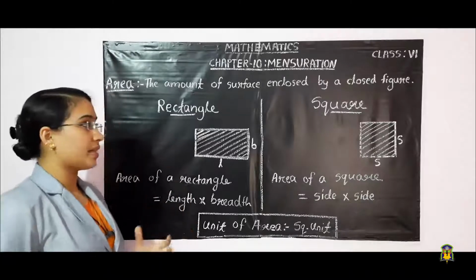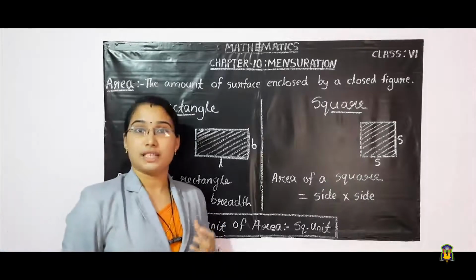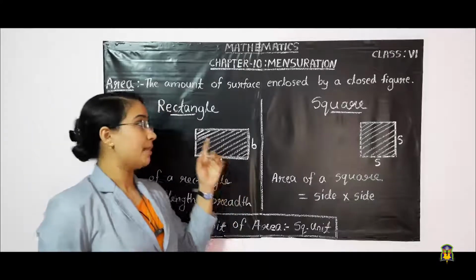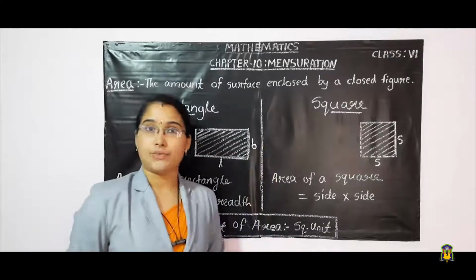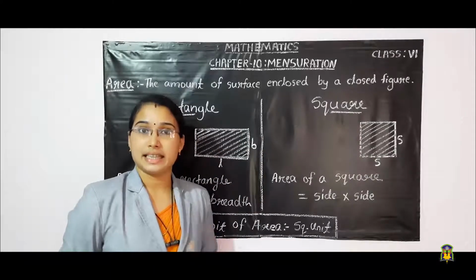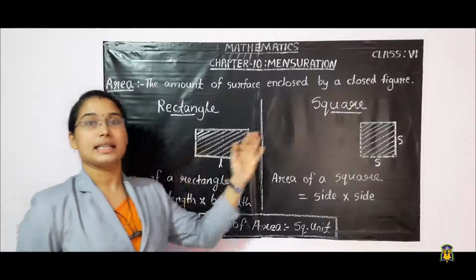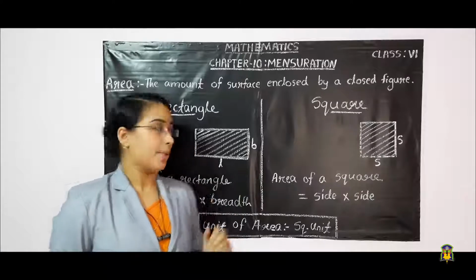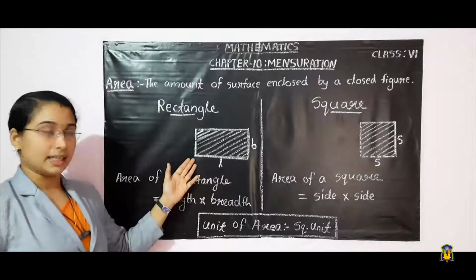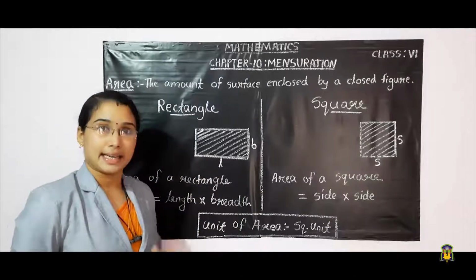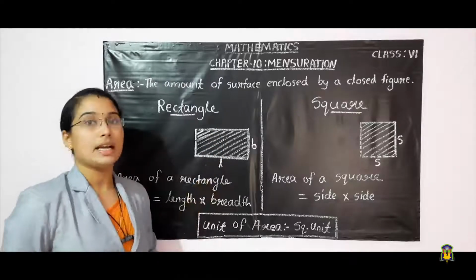In our previous class we studied the formula for finding the perimeter of a rectangle and the perimeter of a square. Today let us study the formula for finding the area of a rectangle and the area of a square. Here you can see one rectangle, and you all know in a rectangle opposite sides are equal.